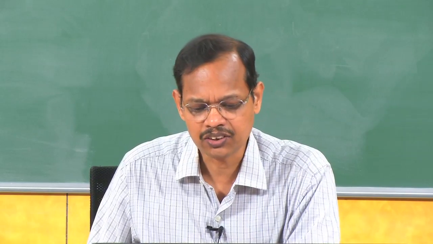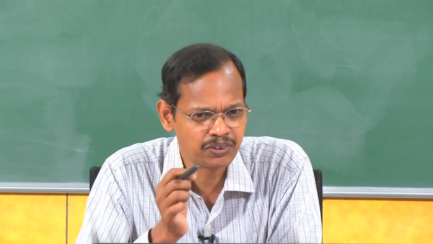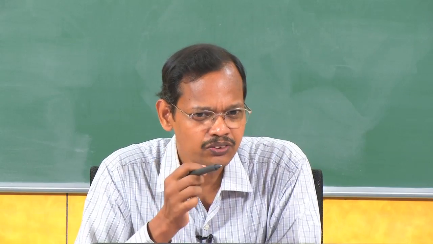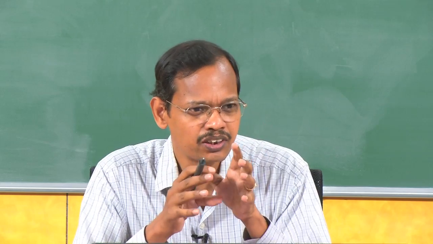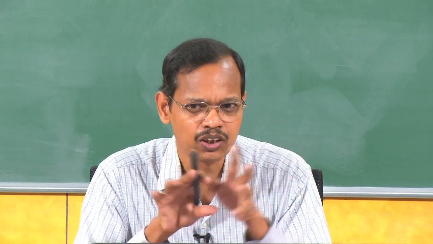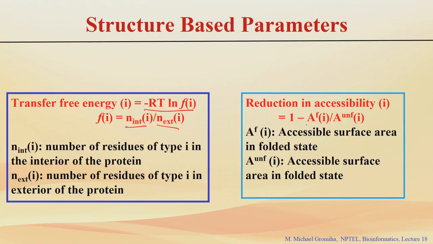Then we can also obtain the reduction in accessibility. This will tell you how far this residue has reduced its accessibility from the unfolded state to the folded state. Here this is the ratio A f of I over A unfolding of I, where A f of I stands for the accessible surface area in the folded state, and A unfolding of I gives you the accessible surface area in the unfolded state.